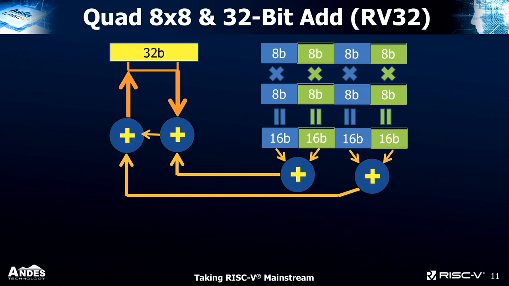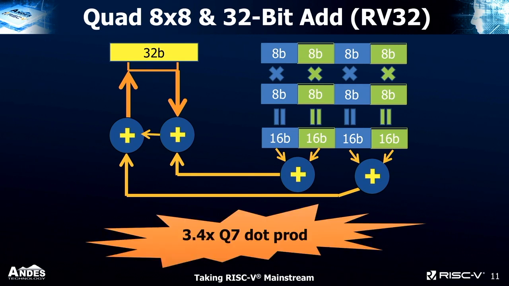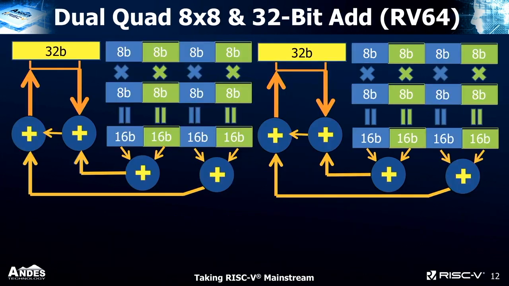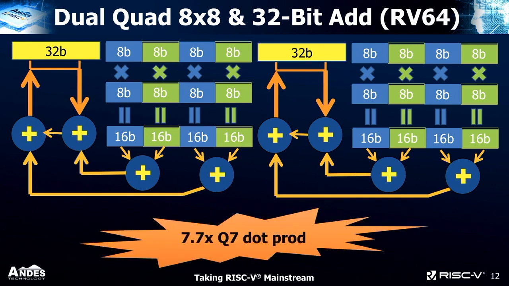It does 4 8-bit multiplications and accumulates to a 32-bit result, which is also a pretty good performance improvement. In RV64, we duplicate the operations to do 2 of these in parallel, and it achieved close to 8 times the performance improvement.